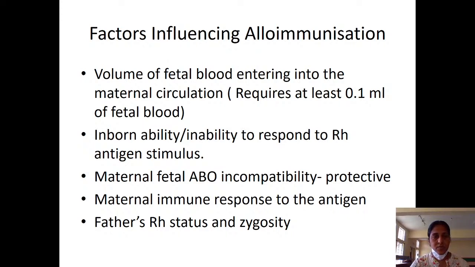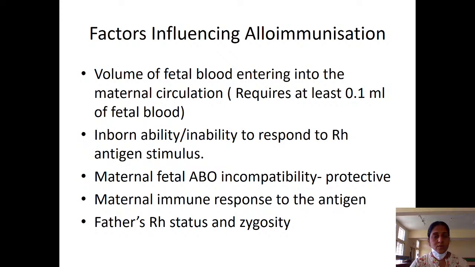First, it depends on the volume of fetal blood in the maternal circulation, because if at least 0.1 ml of blood enters the maternal circulation, it can produce the antibody.